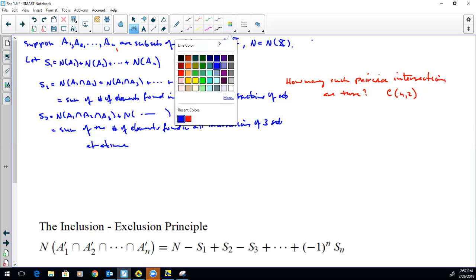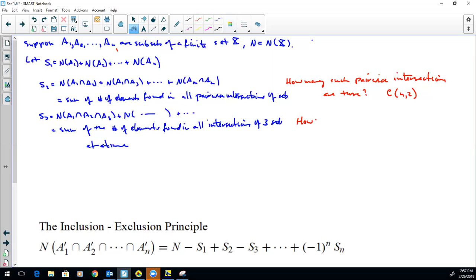And we'll ask the same question. How many such intersections? Well, I've got n number of sets, and when I do one of these intersections, I'm picking 3 of them. So it's the number of ways of choosing 3 from a group of n.